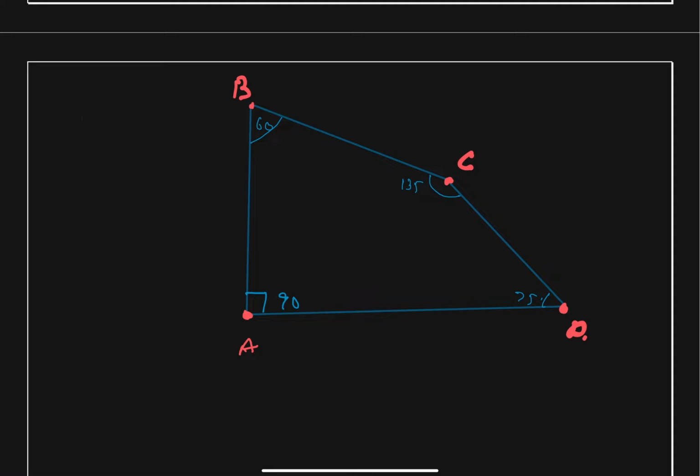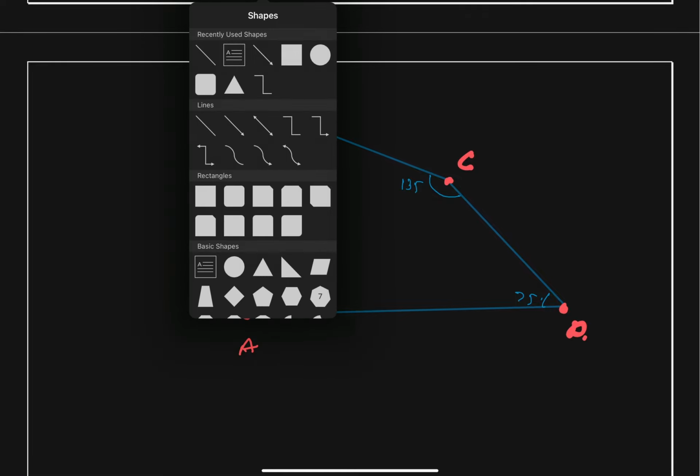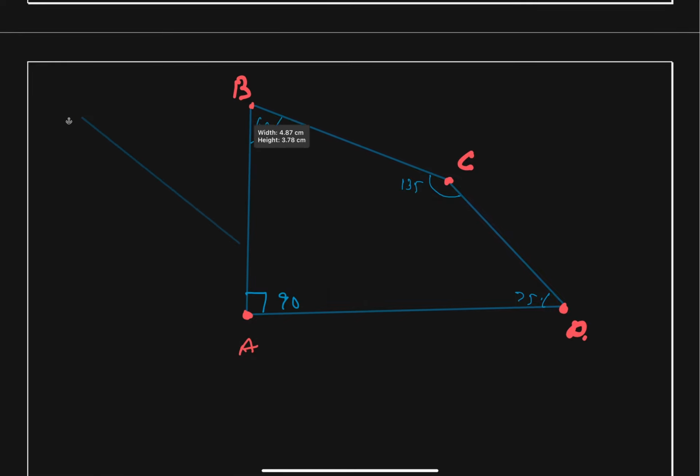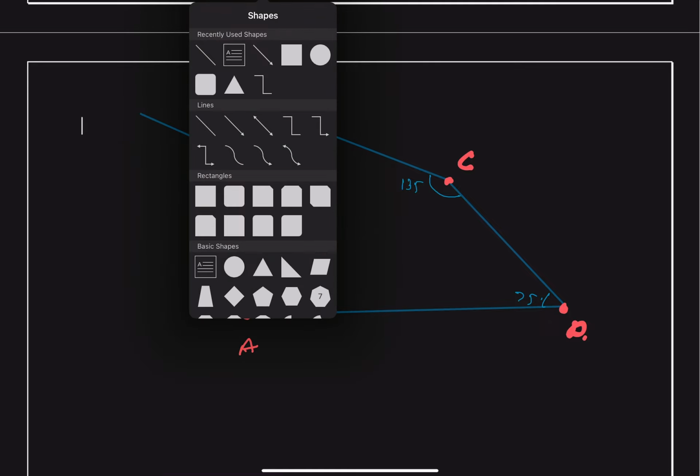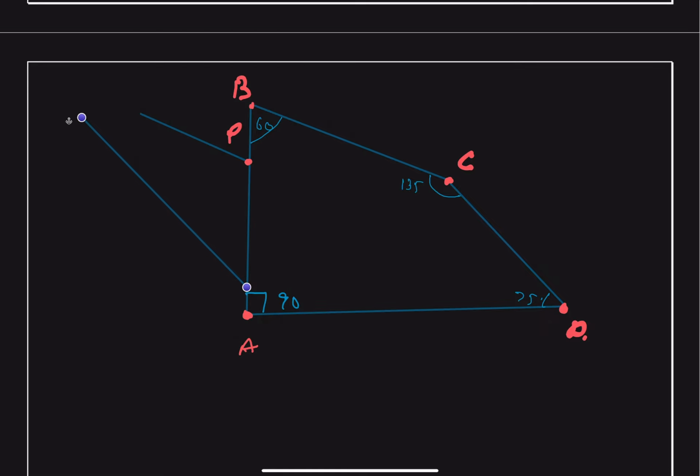And our ray of light is incident at point P. So this is our point P, and here we can just draw a normal.